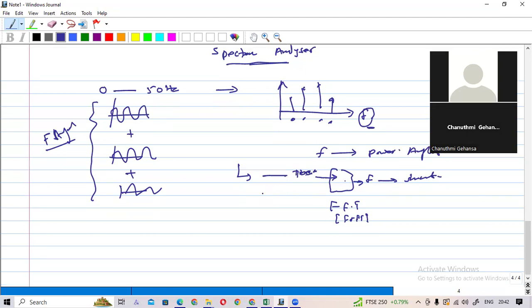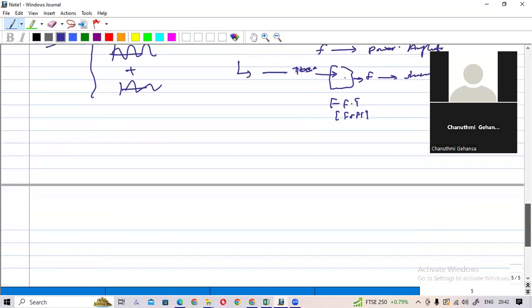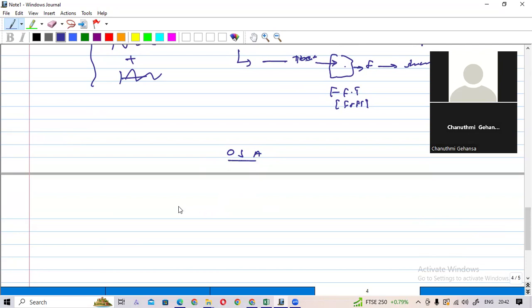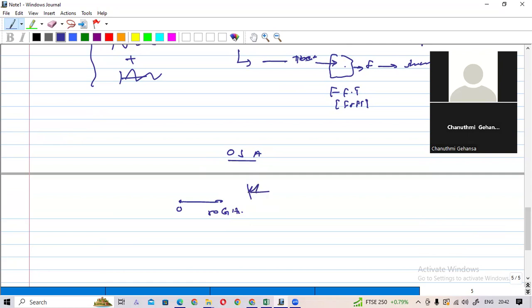The other type is what most optical spectrum analyzers are based on. Once we give a signal, let's say 0 to 5 gigahertz or something, this signal is sent through a band pass filter.